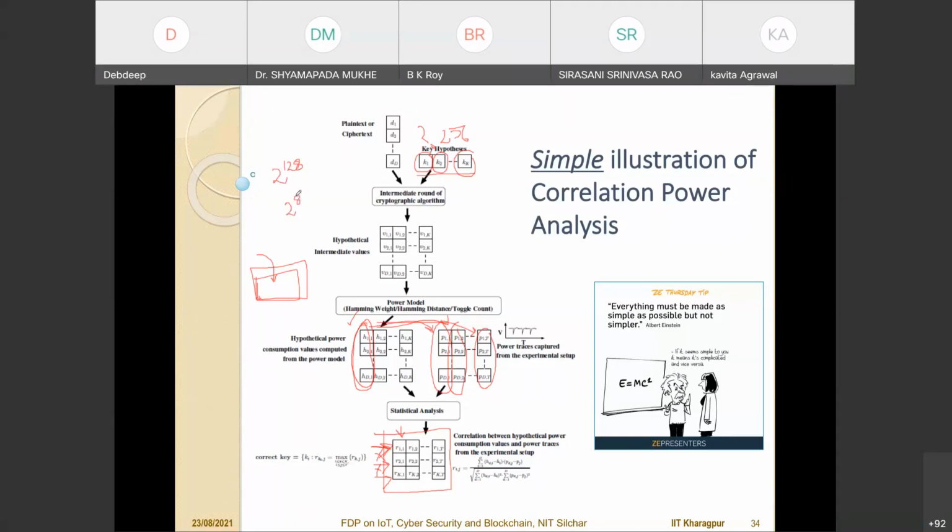I just need to make 256 guesses, and this I can do one by one for all the other bytes, and therefore my total complexity will be 16 multiplied by 2 to the power of 8, whereas in my previous case it was 2 to the power of 8 to the power of 16. That is why you have got a very significant reduction in the complexity, and a very efficient attack methodology.